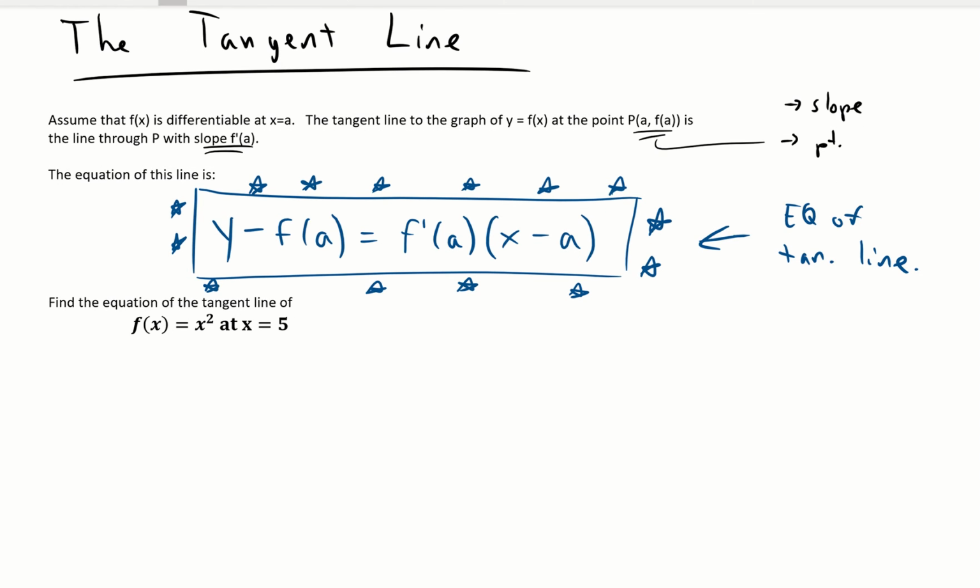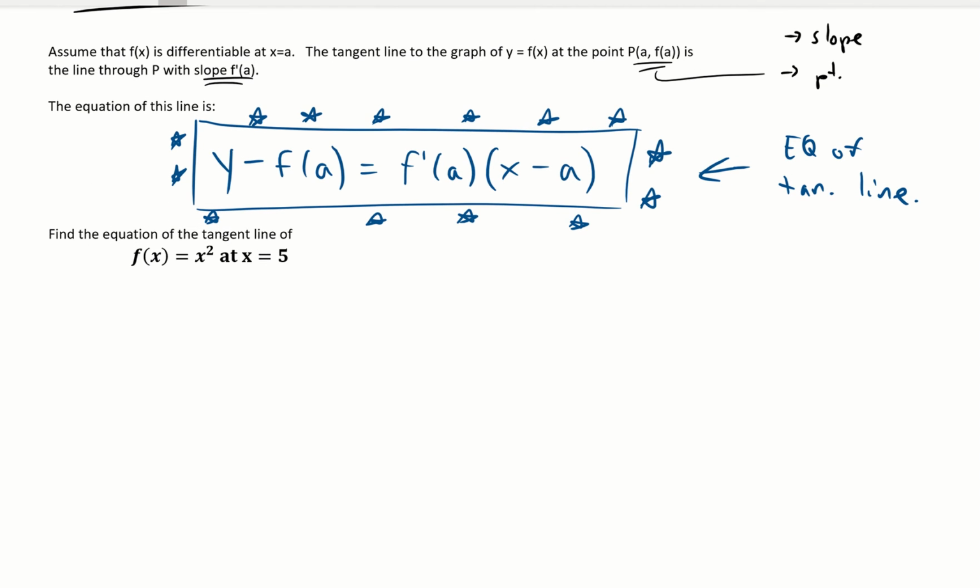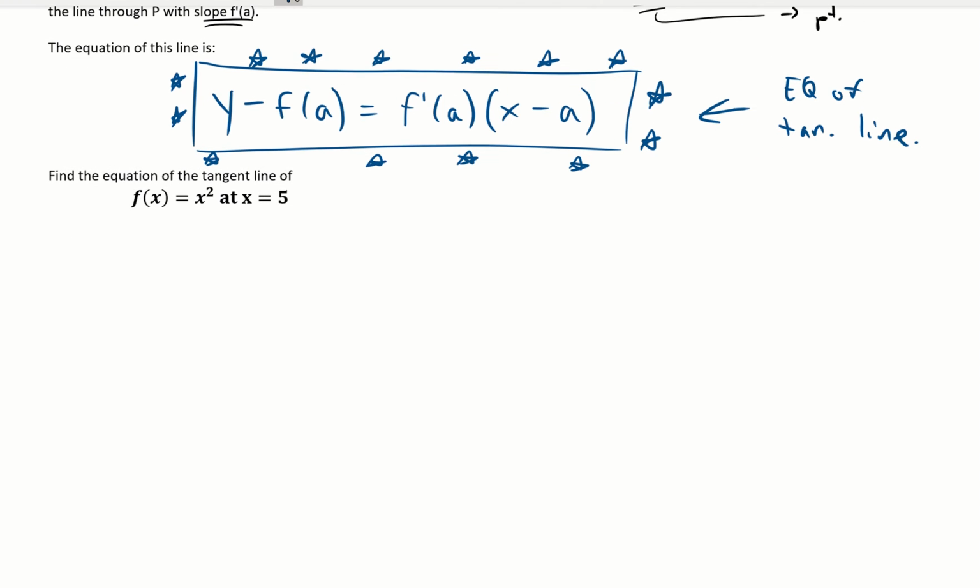All right, now that we know that, we can go ahead and do a problem where we actually compute the equation for the tangent line. So we know in order to write the equation of a line, we need to know the point and the slope. So we're going to find the point. It's going to be a comma f at a, and we need to find the slope f prime at a. So that's where we have to use our derivative.